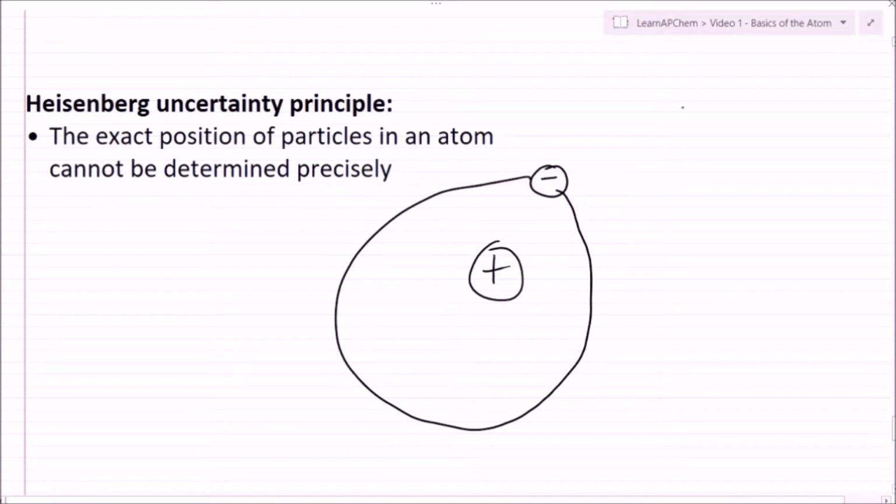I can't determine the precise position of particles inside this atom like this electron right here. I can only describe it in terms of probability. You won't actually have to do any calculations with this principle. You just need to know the concept of it because you might be asked about it on the AP test.